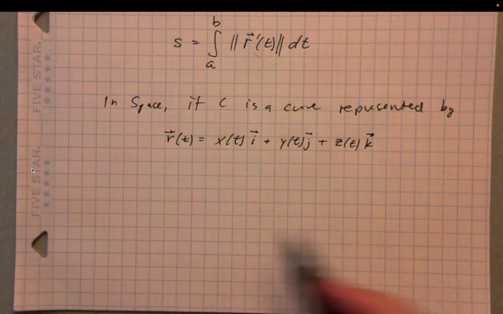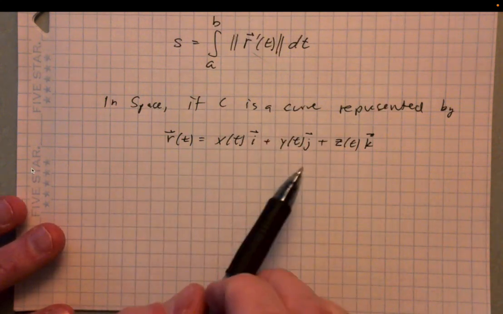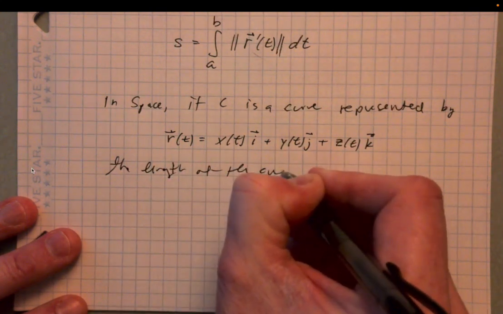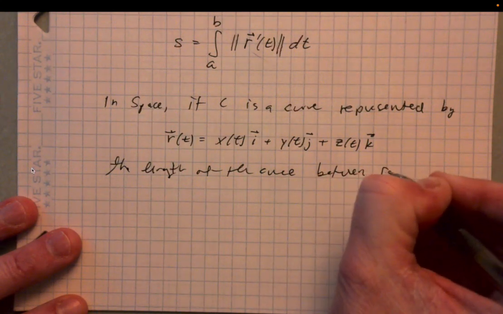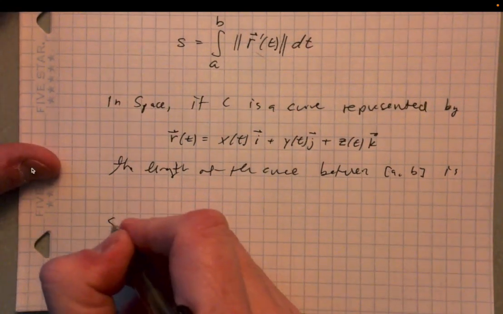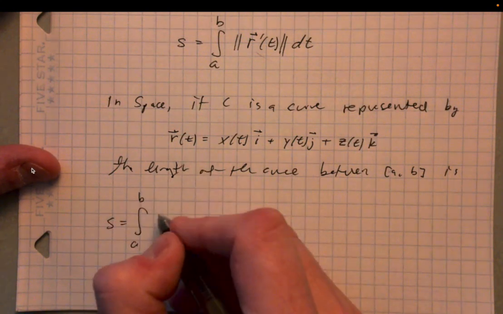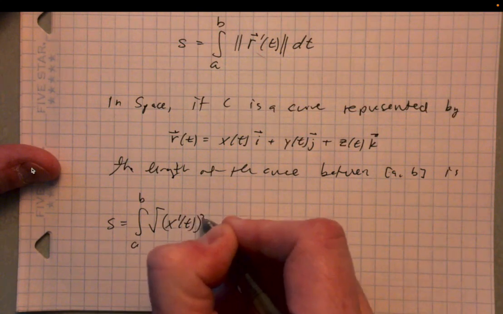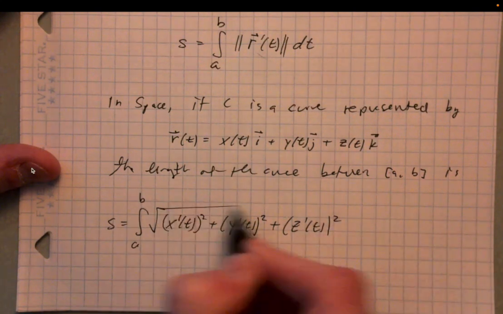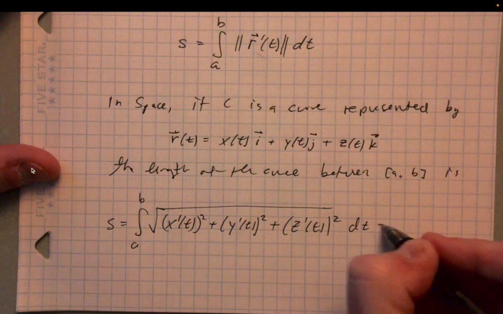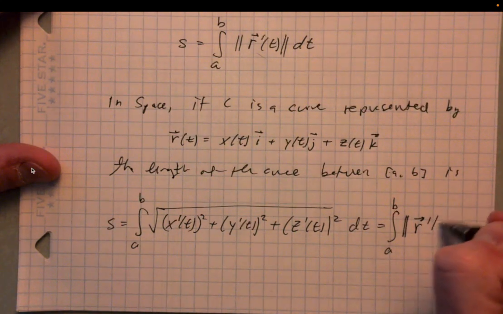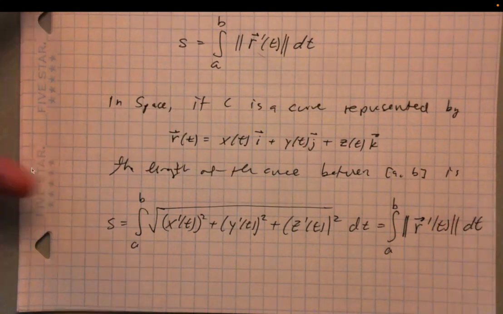So in this case, we can identify the length of the curve between a and b as basically the same thing, but just with the k component thrown in as well. So it would be s equals the integral from a to b of the square root of x prime of t squared plus y prime of t squared plus z prime of t squared, the square root of that whole thing with respect to dt. And this is, of course, the same thing as the norm of r prime of t, right? So the integral of the norm.